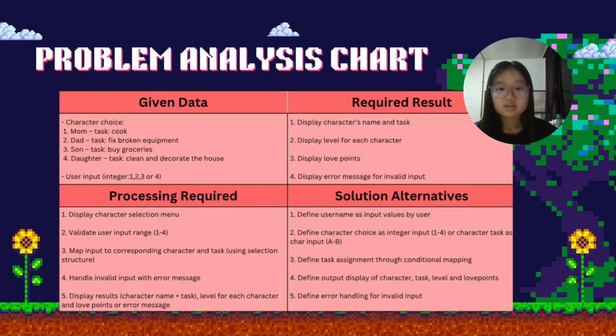Second, the required results are display characters' name and task, display level for each character, display love points, and display error message for invalid input.